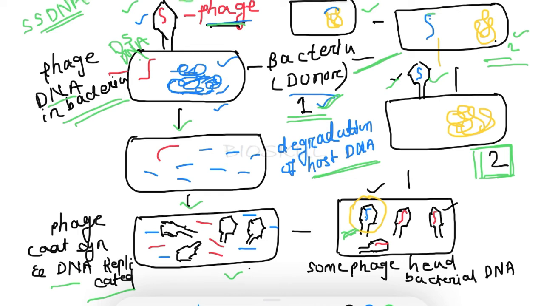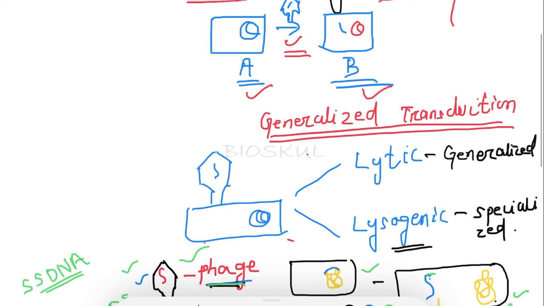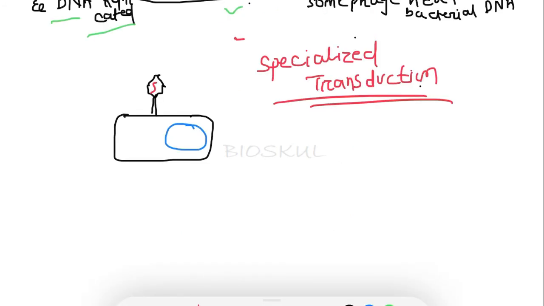So let's have a look at specialized transduction and why it is called specialized transduction. As I have told you, specialized transduction we find when the bacteriophage undergoes the lysogenic cycle. This one is the bacteria and it contains the bacterial chromosome, and this one is the virus or the bacteriophage.